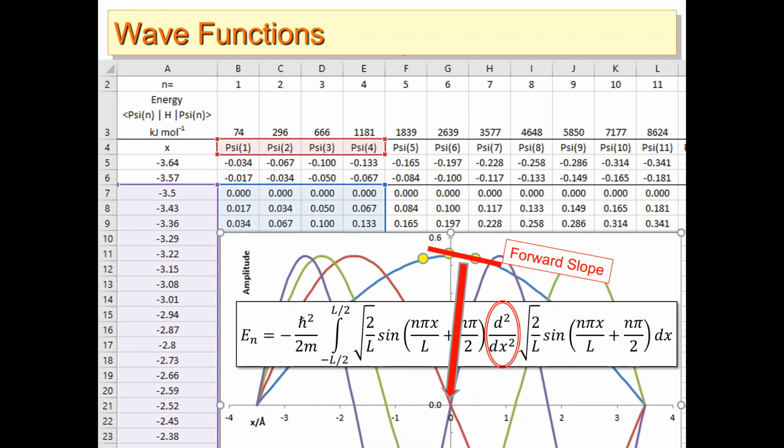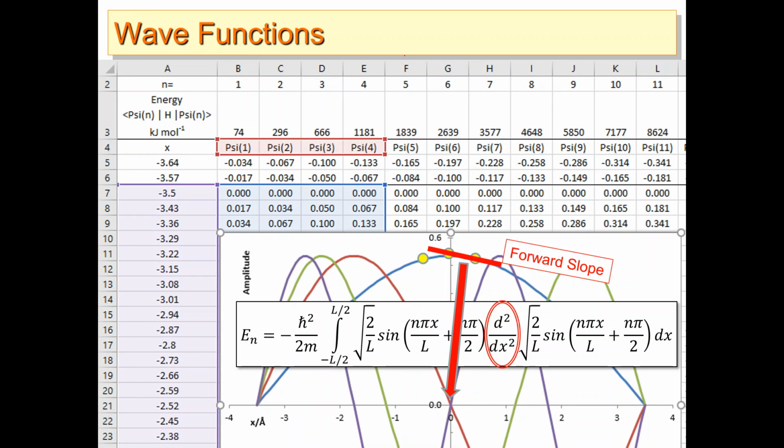And so notice I'm looking forward. What happens if I put that slope on the data point I'm standing on? It's a little off, isn't it? Because look here, the slope of that curve is 0 right there at 0. But if I calculate the forward derivative, I get a negative value for the slope where it's not negative.